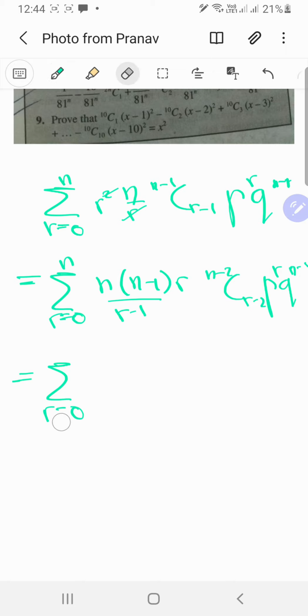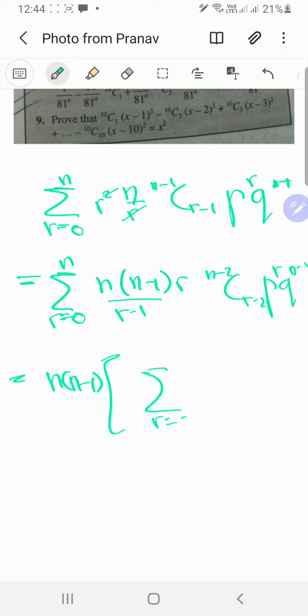Well, we can first of all get that constant out, so it's going to be n into n minus 1 into the summation from r equals 0 to n, so it's r upon r minus 1, which I can write as 1 plus 1 upon r minus 1. Doesn't look really nice. I mean, no, that doesn't look nice. What can we do?